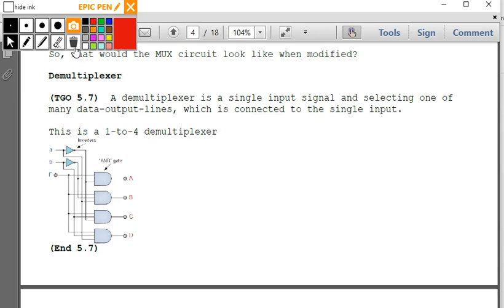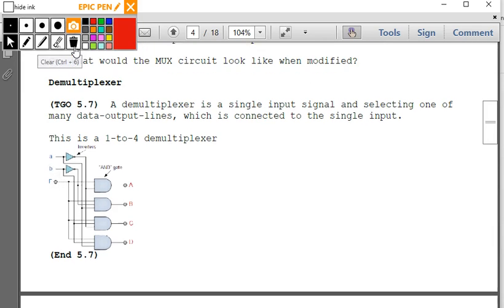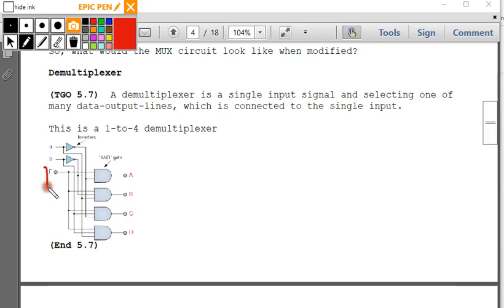In this drawing, this is F. So you have some sort of single input signal, and now we're using 2 select signals to determine the output that we're going to select here. So what's going to happen is we have 1 input signal and 2 select signals here, A and B, and you can either have 0, 0, 0, 1, 1, 0, or 1, 1.